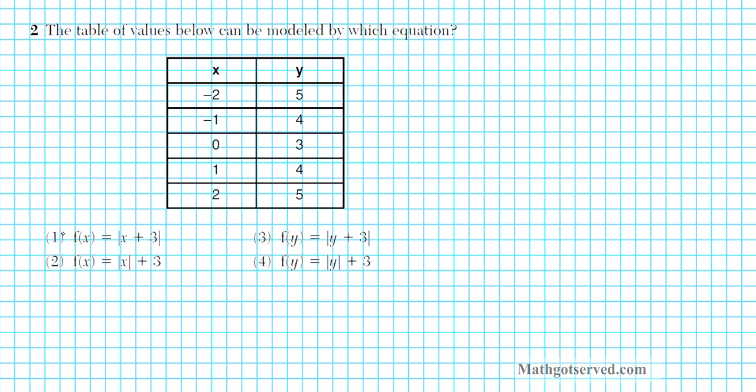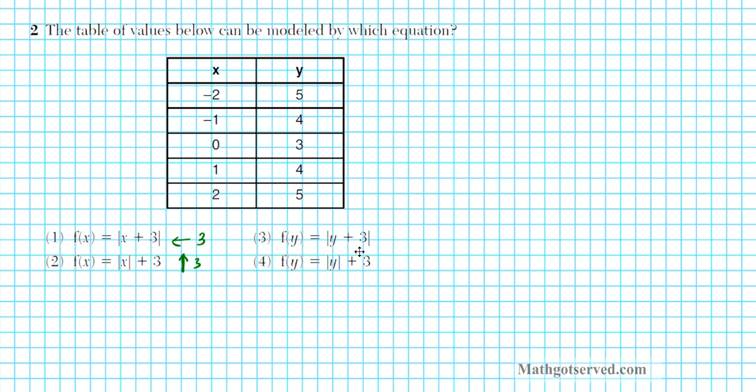If you look at this function of x, option number one, absolute value of x plus 3, this represents a shift in the left direction. So this is 3 units to the left. That's what this means. Absolute value of x, plus 3, this is a shift 3 units upwards.